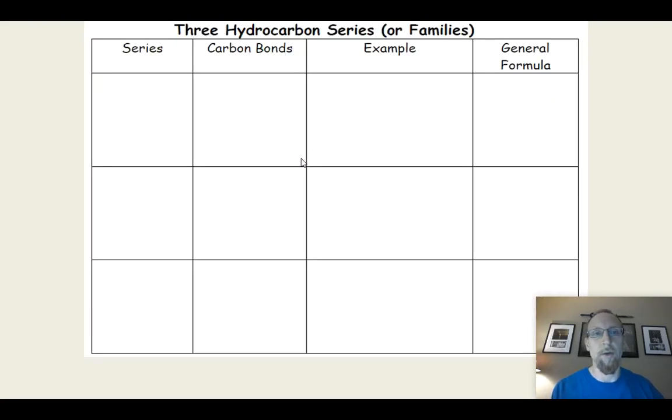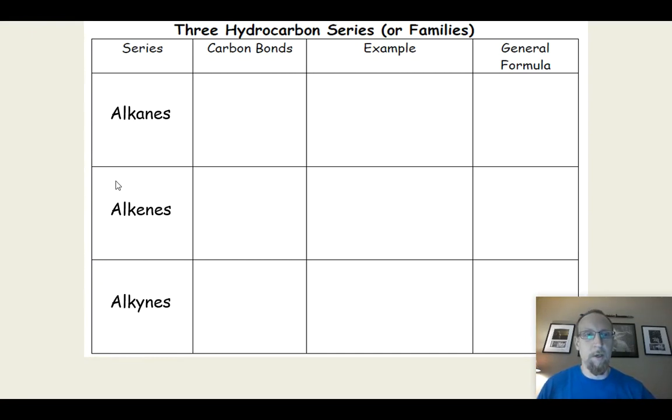So let's go through the types of hydrocarbons that we're going to be dealing with, the different groups, our three series or families. The three groups we're going to be looking at are the alkanes, the alkenes, and the alkynes. So again, they look very similar. There's really only three letters differentiating between them: A, E, and Y. So these are your alkanes, alkenes, and alkynes.